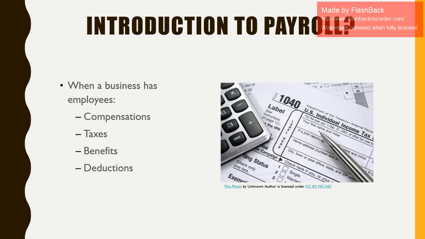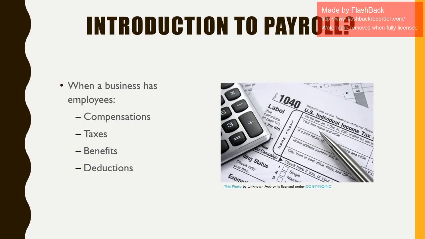And other things that we can also calculate is if you have employees, you have to also think about, are you going to give them benefits? Because that is very important to understand when you're dealing with having employees, okay? You need to work out what kind of compensations they're going to be. Are they wages? Are they salary?